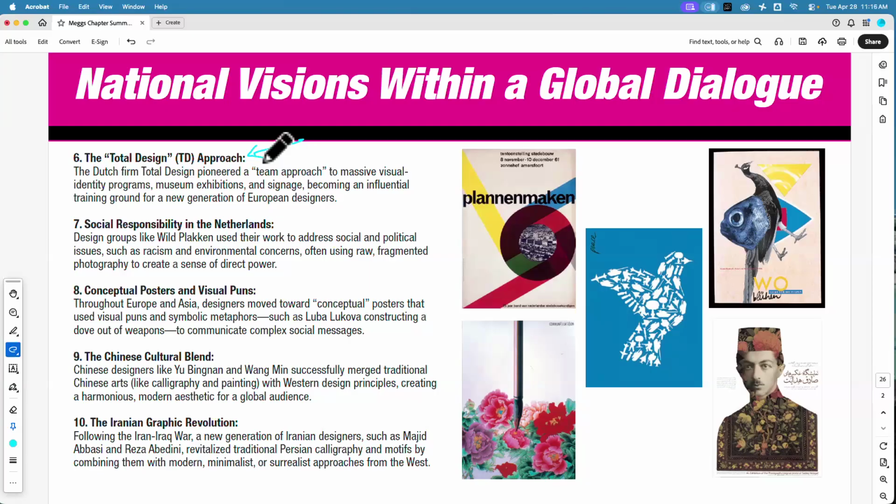I was an art director and I had a team, and there was another art director with a team. Our teams would meld and mix and match, because in this total design or team approach, I would say I have this project, and I know all the designers that work here. I know their styles and what they're good at. I would say I want this person and this person and this person to work on this project as a team, because I know how they work together and I know they're going to be able to knock it out of the park.